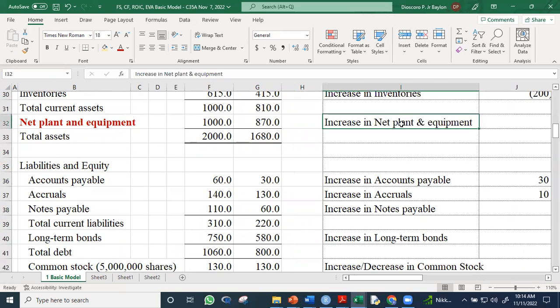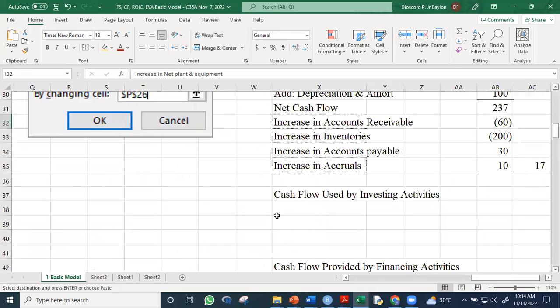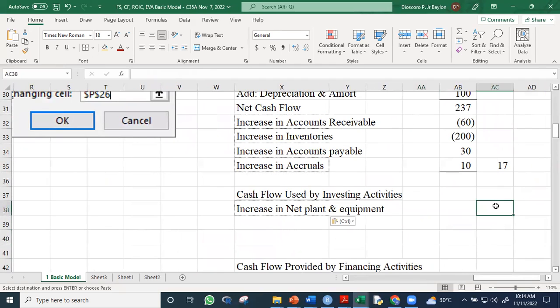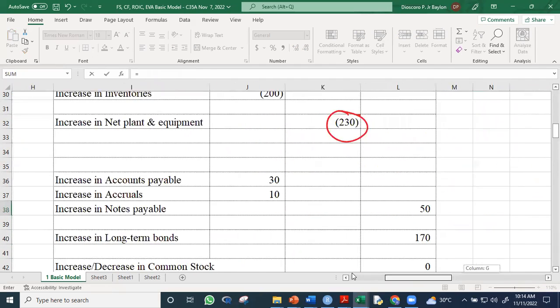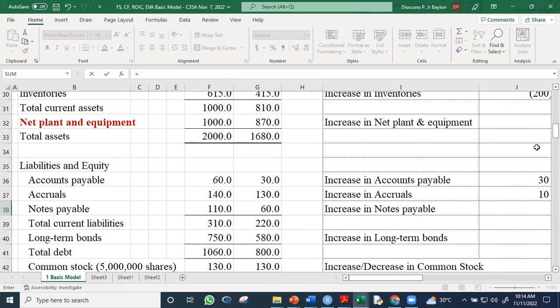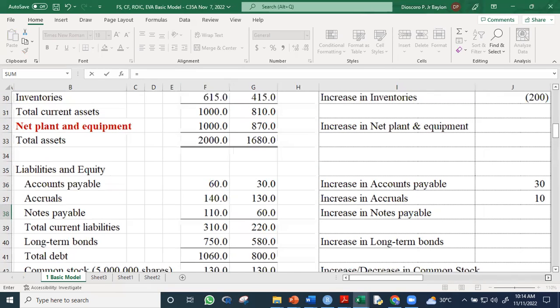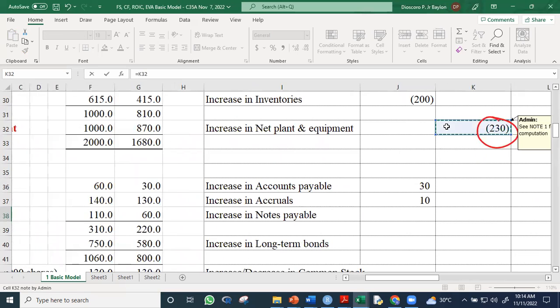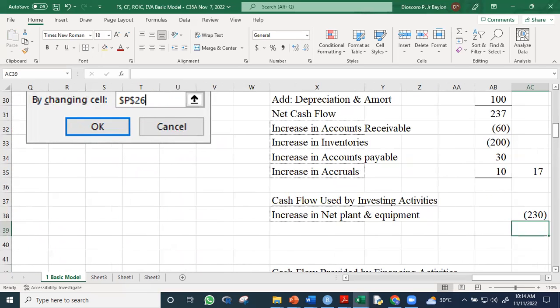So we can just copy this, the increase in your property, plant, and equipment. Okay. And then since there's only one, we're going to equate that to that one.